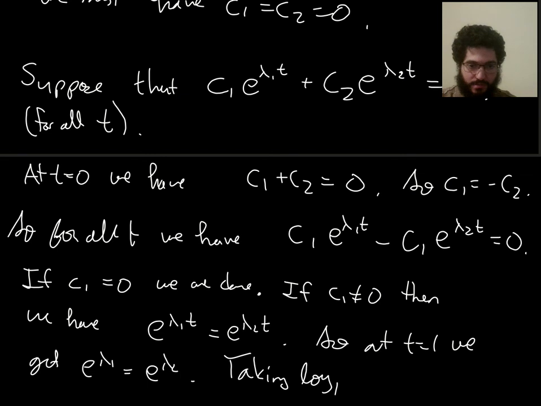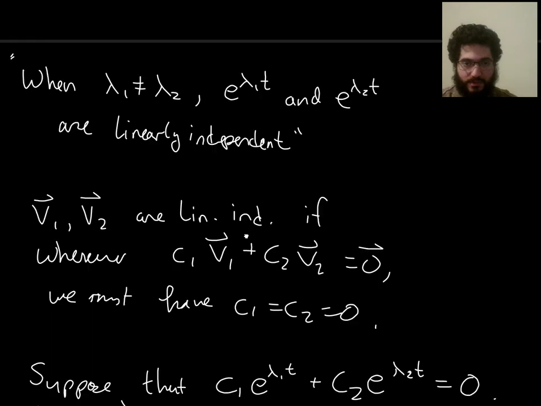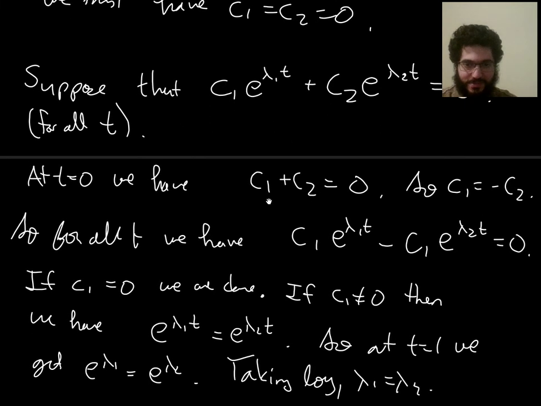Taking the log, lambda 1 equals lambda 2. But we had assumed at the beginning that lambda 1 and lambda 2 are different. So having c1 not be 0 leads to lambda 1 equals lambda 2, which means it couldn't have happened. It must be that c1 equals 0 if lambda 1 and lambda 2 are really different.